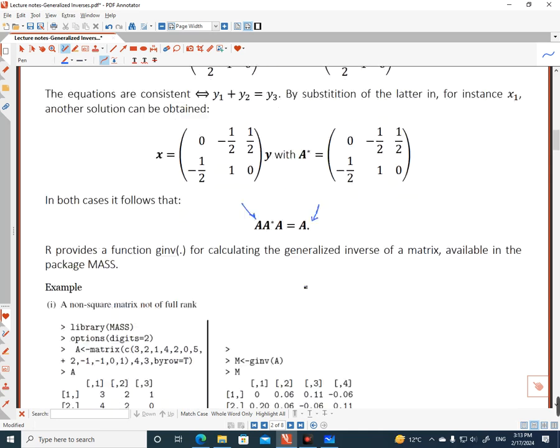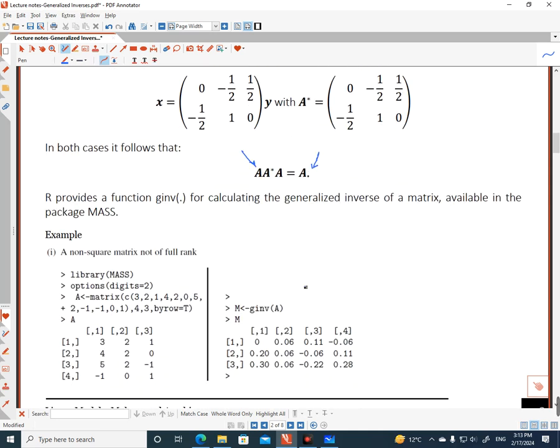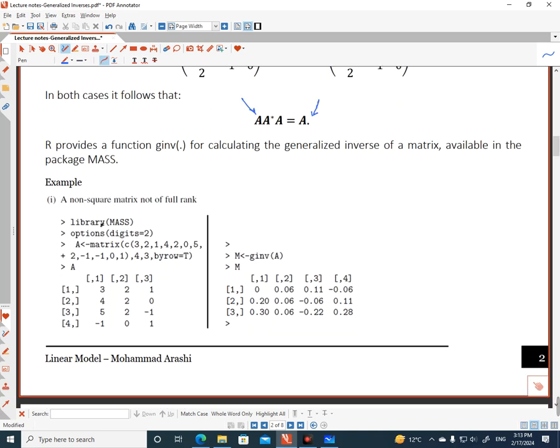Nowadays, we do it with software, and I prefer to use R. Because in R, in the package MASS, there is a function called ginv, which is an abbreviation of generalized inverse, in order to calculate the generalized inverse of a matrix. So we install the library, and then we require the library. We define a matrix in this way.